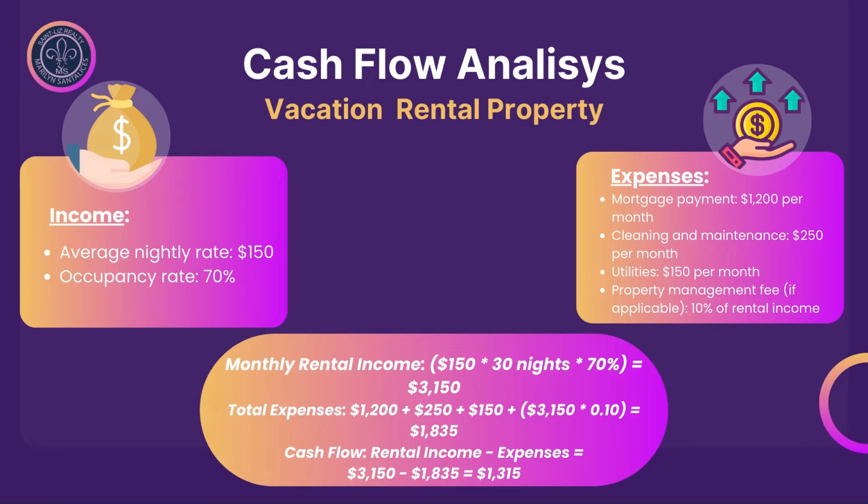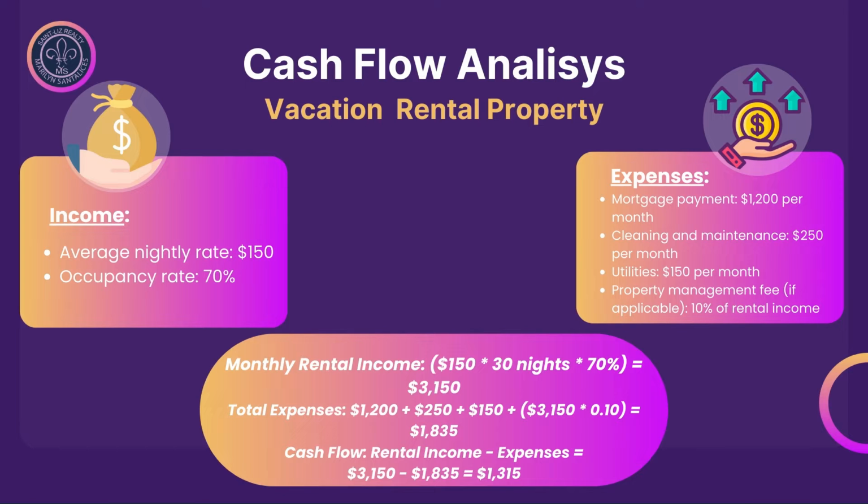So the cash flow calculation would be the monthly rental income, $150 times 30 nights times 70%, which is $3,150 per month. And the total expenses would be $1,200 plus $250 plus $150 plus the management fee of 10% of the monthly income.